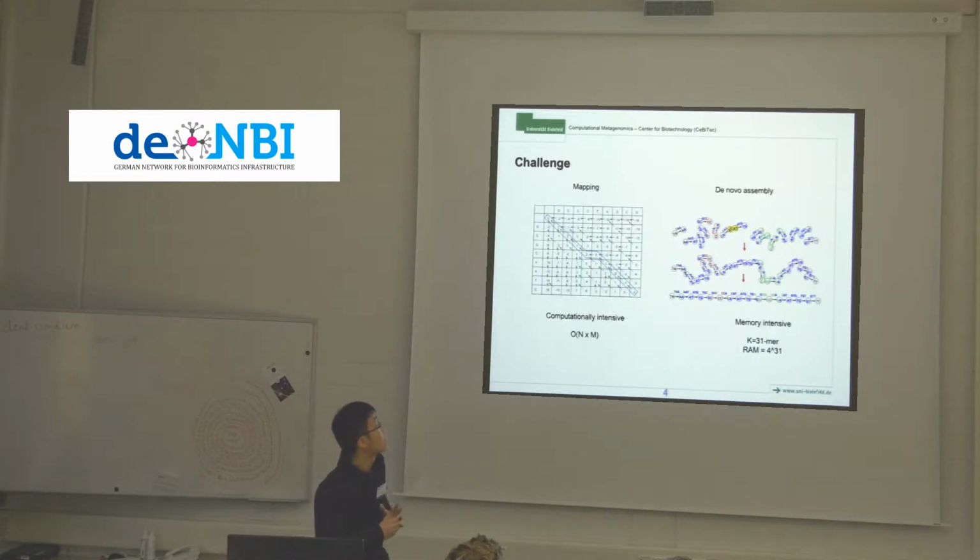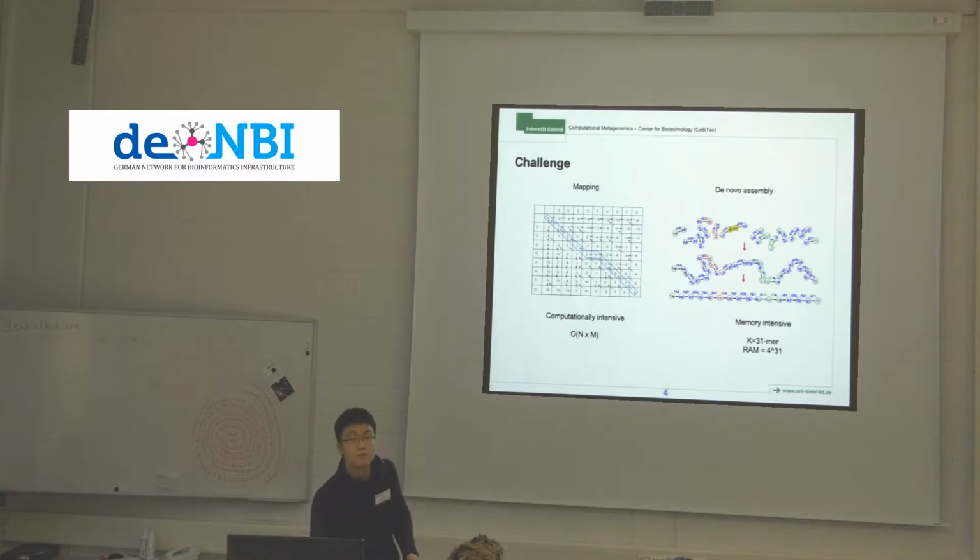Now, from a computational point of view, the mapping process is time-consuming and computationally intensive, because you have to compare each nucleotide to each other to find out the variations. And for de novo genome assembly, the state of the art, the de Bruijn graph, stores all the k-mers and the adjacency information in memory, and it's usually memory intensive.